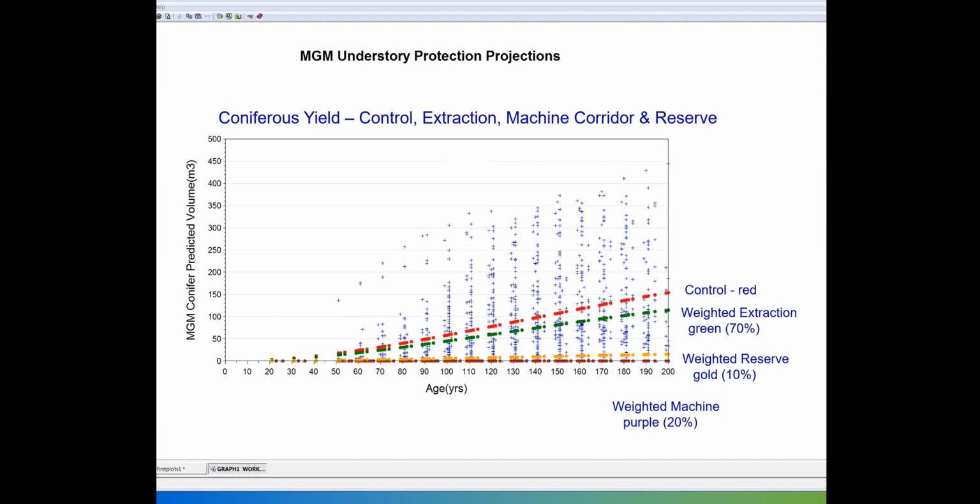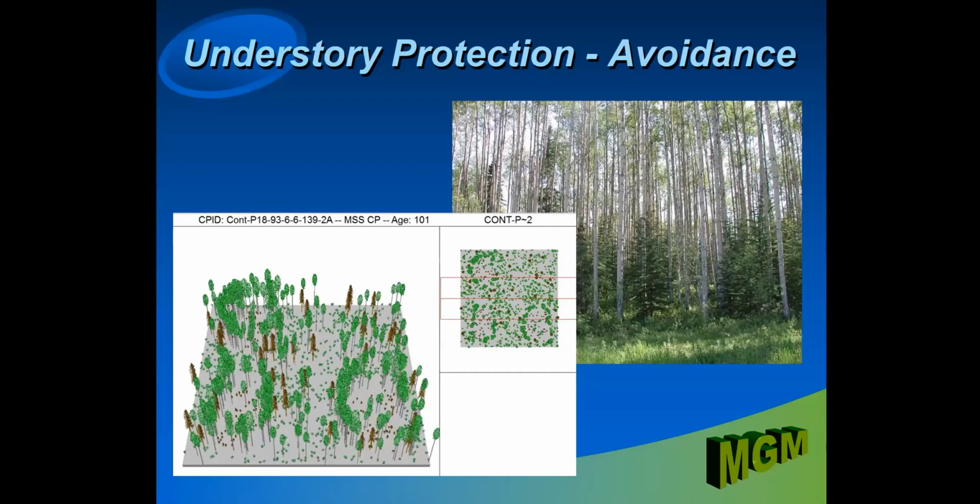The reserve is 10%, the gold, and the purple is the machine corridor, which would have no conifer. The point is, the summation of all of this would be your yield curve for conifer from this particular treatment.